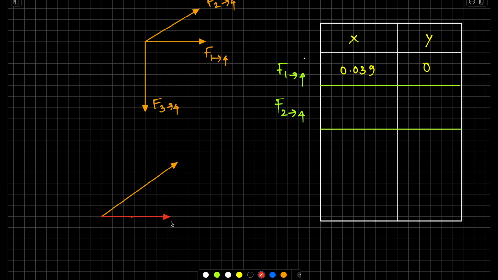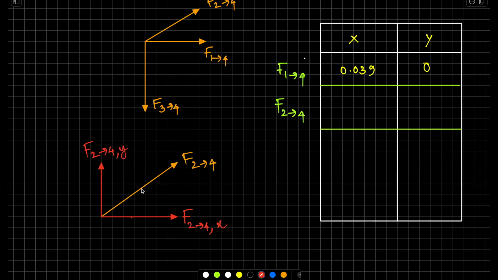So this is the x component of F2 on 4, F2 on 4 x. You can call it by any name, it's not a problem. This is the y component of F2 on 4, F2 on 4 y, right?